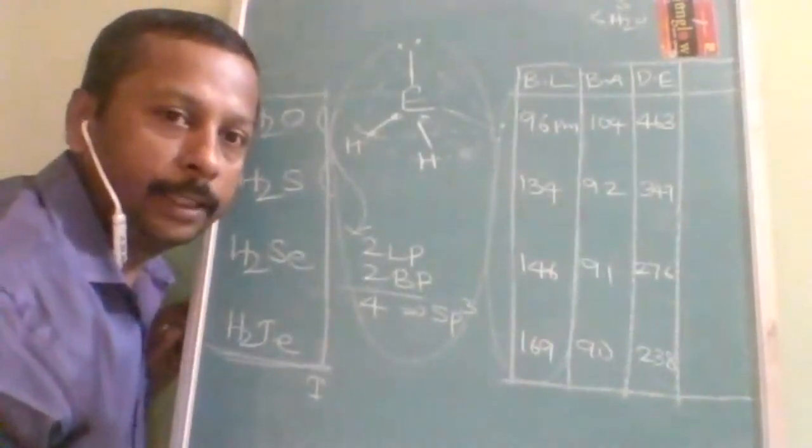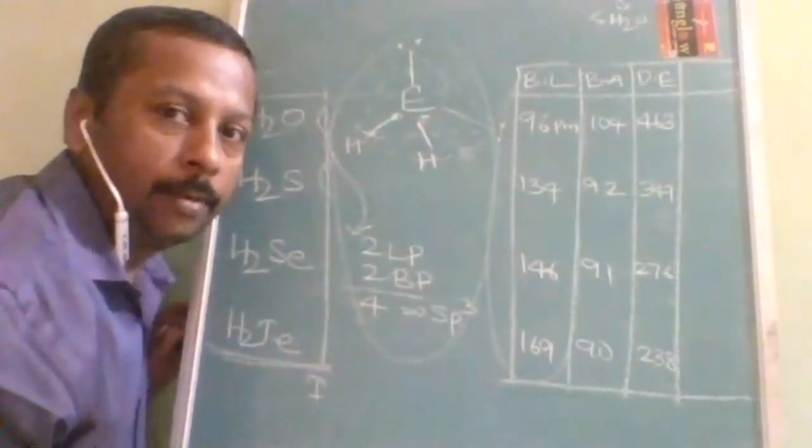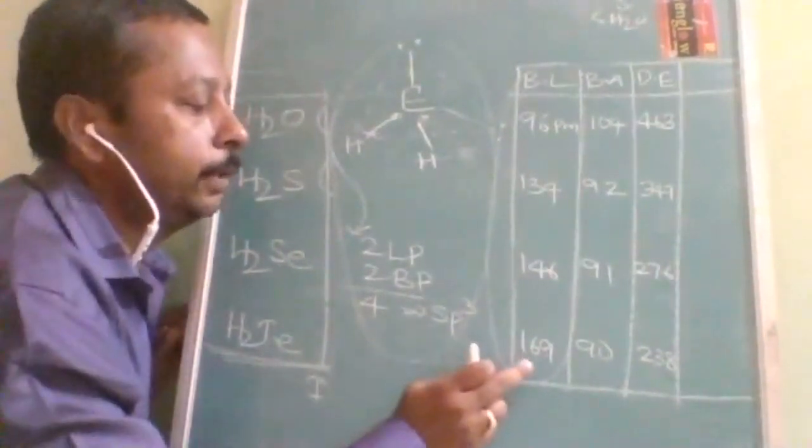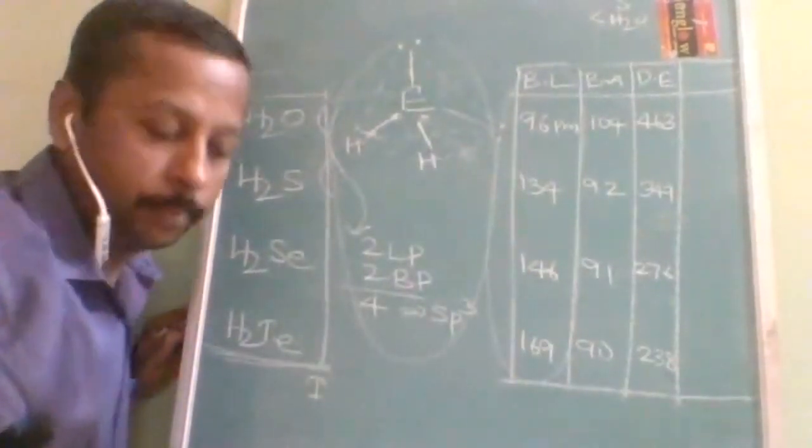Once bond length increases, bond energy decreases. What happens to bond energy? Bond energy decreases. That means it is easy to break this bond than this one. Because of this, there are certain properties.